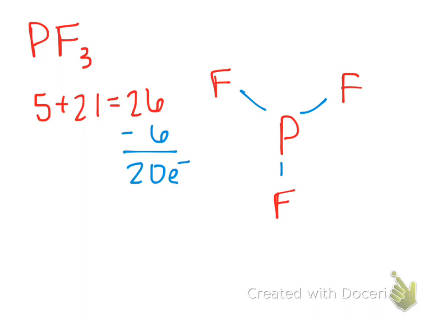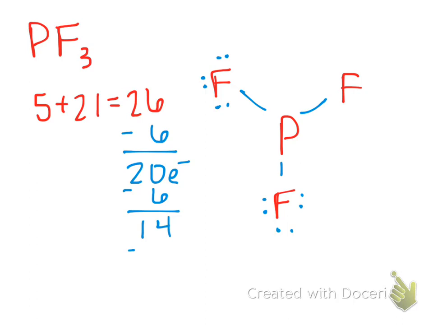Where you go from here is you fill the octets of the outer atoms first. How many more electrons do I need to make fluorine happy? 6, and they need to be in the form of pairs. So 2, 4, 6. That leaves me with 14. I'll do that for the other fluorines as well.